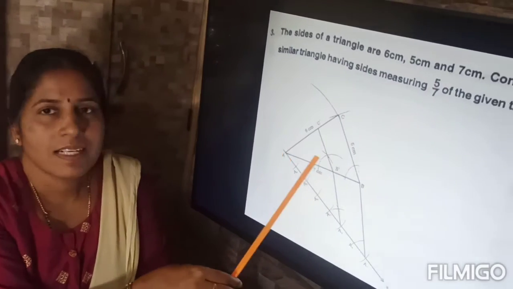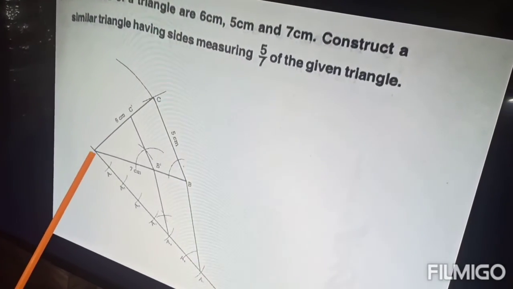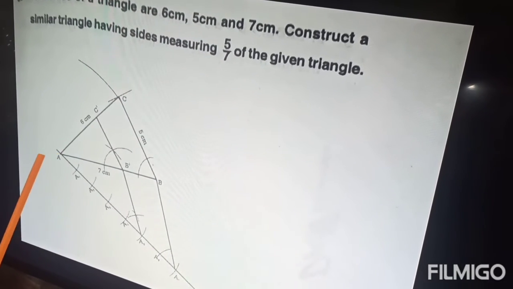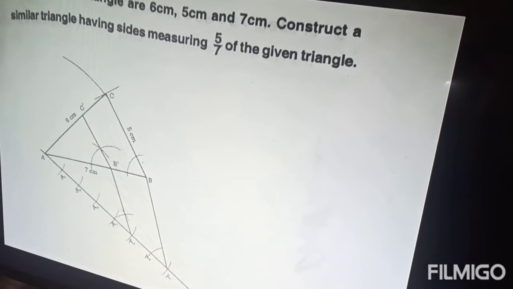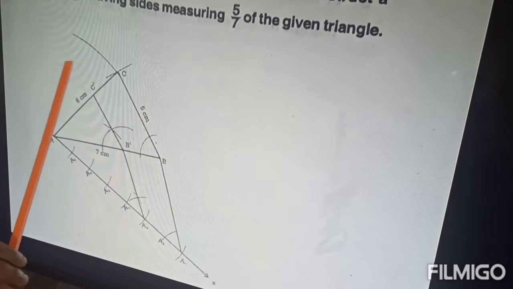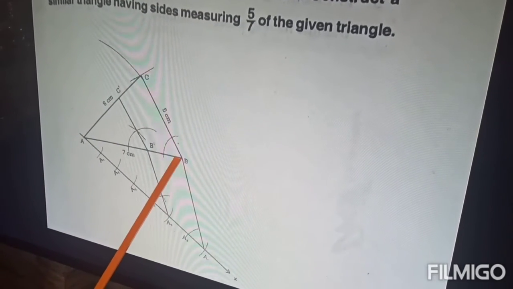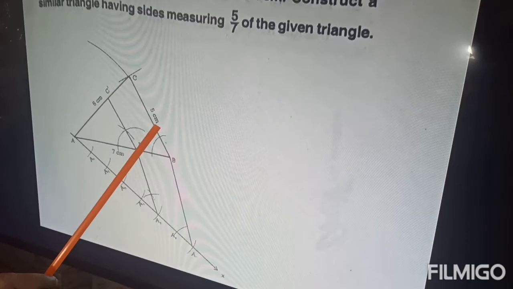Draw the triangle first with the given measurements. Take AB equal to 7 centimeter and AC equal to 6 centimeter. Take a radius of 6 centimeter. From A cut one arc, and from B cut another arc with a radius of 5 centimeter.